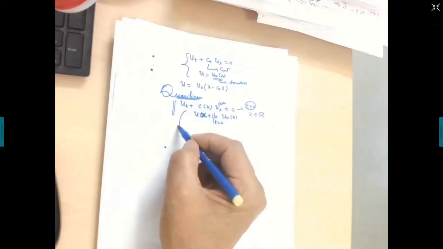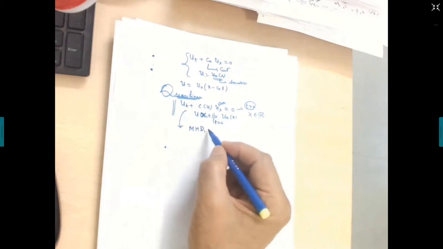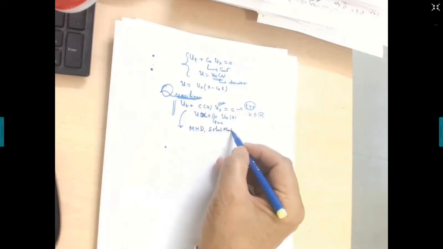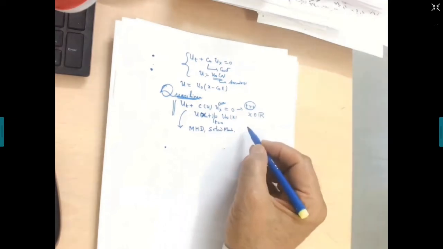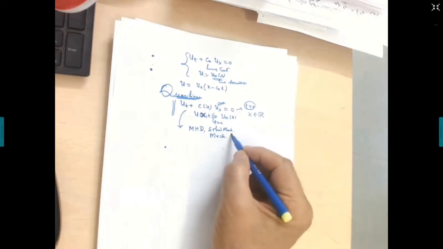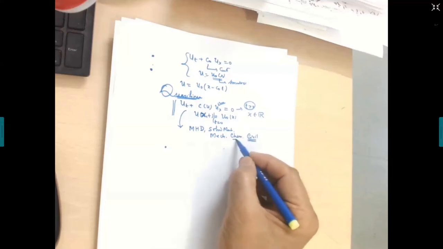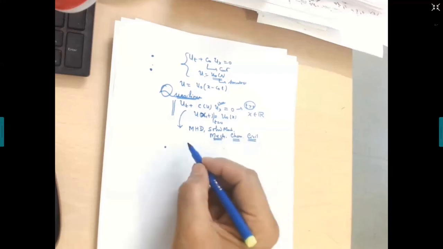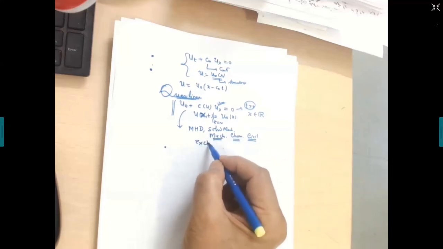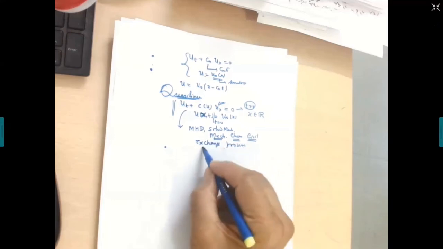Such a differential equation appears in fluid dynamics, in plasma dynamics, in solid mechanics, and in a large number of engineering problems, especially mechanical, chemical, and civil. In all these engineering departments, people study exchange processes.